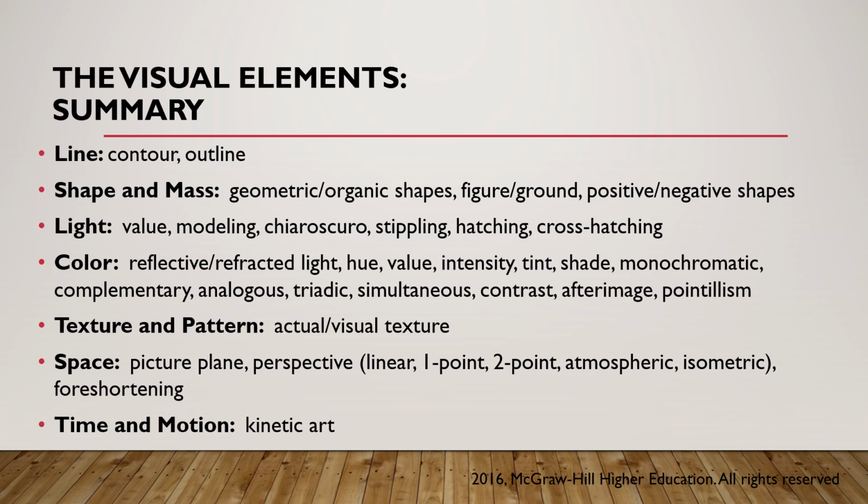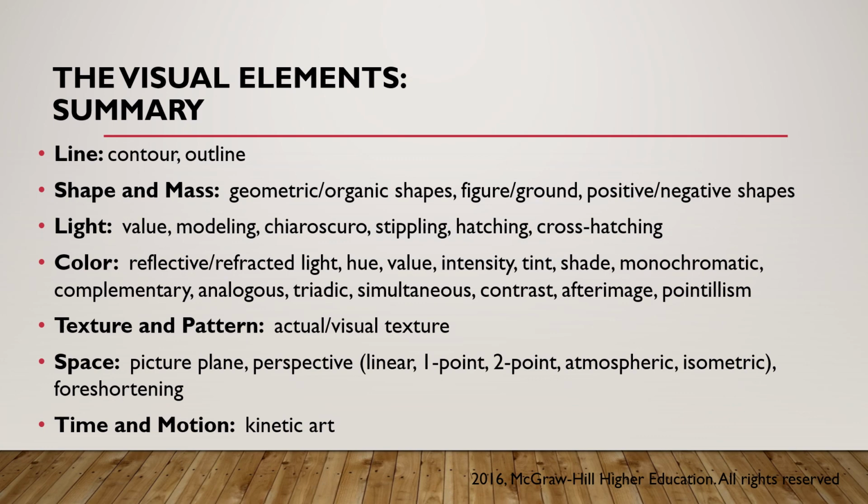With color, we have reflected and refracted light. Hue, which is the pure color. Value, intensity, tint, shade, monochromatic, complementary, analogous, triadic, simultaneous, contrast, after image, pointillism. All of those can be lumped under color. Texture and pattern, you basically have two kinds.